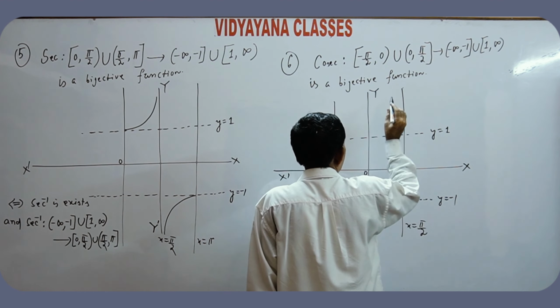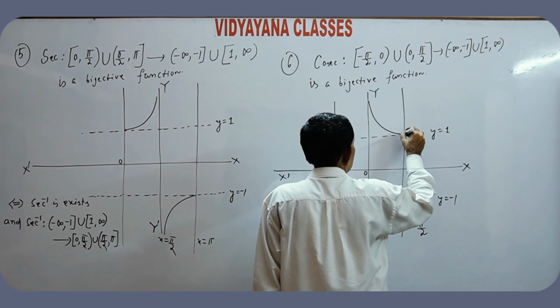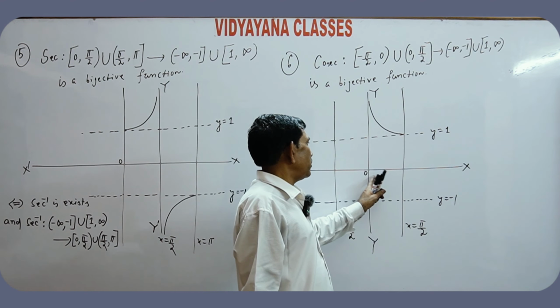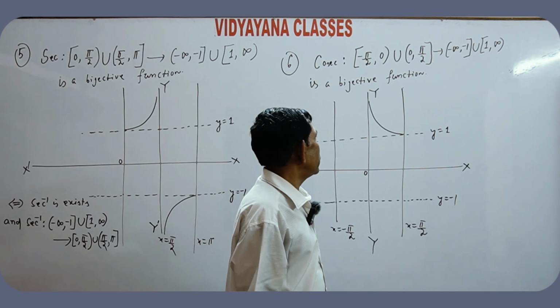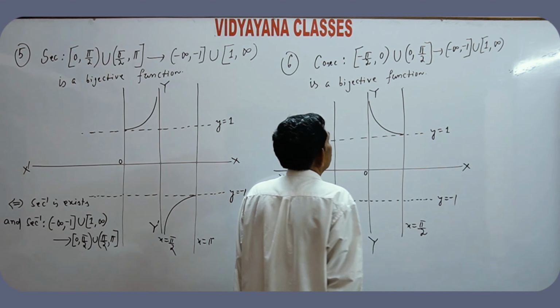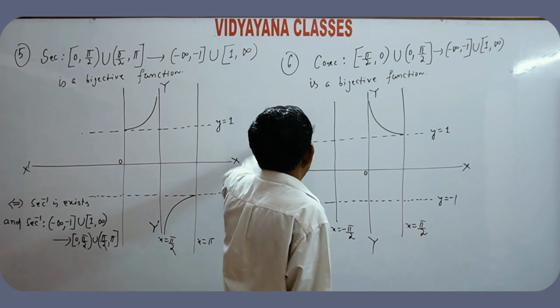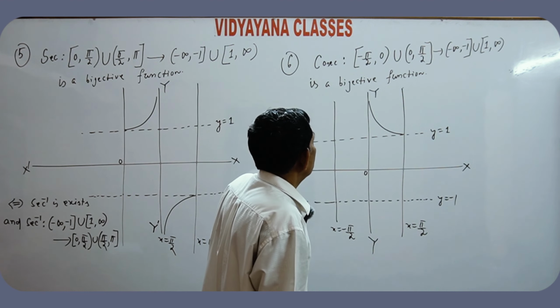So it is the graph. At x equal to 0, cosec 0 is infinity. Clear?